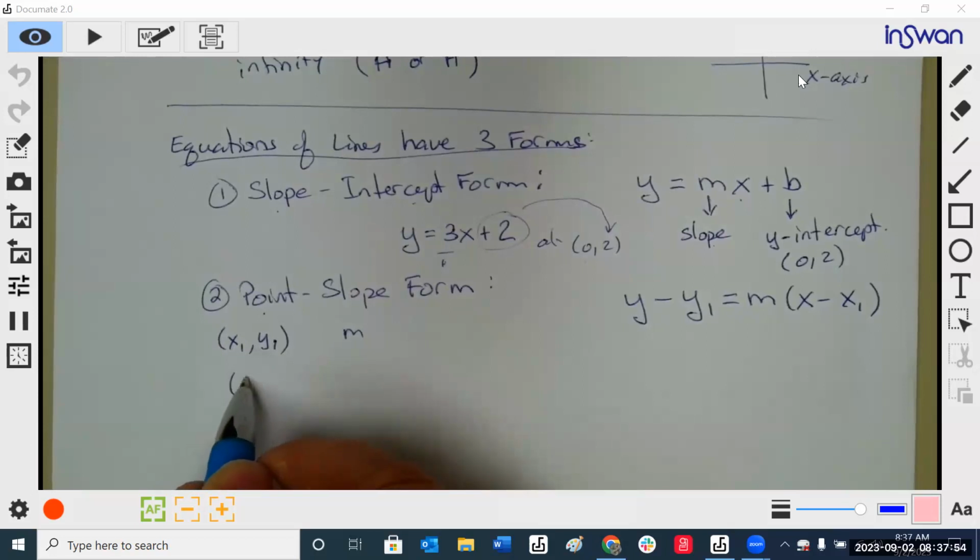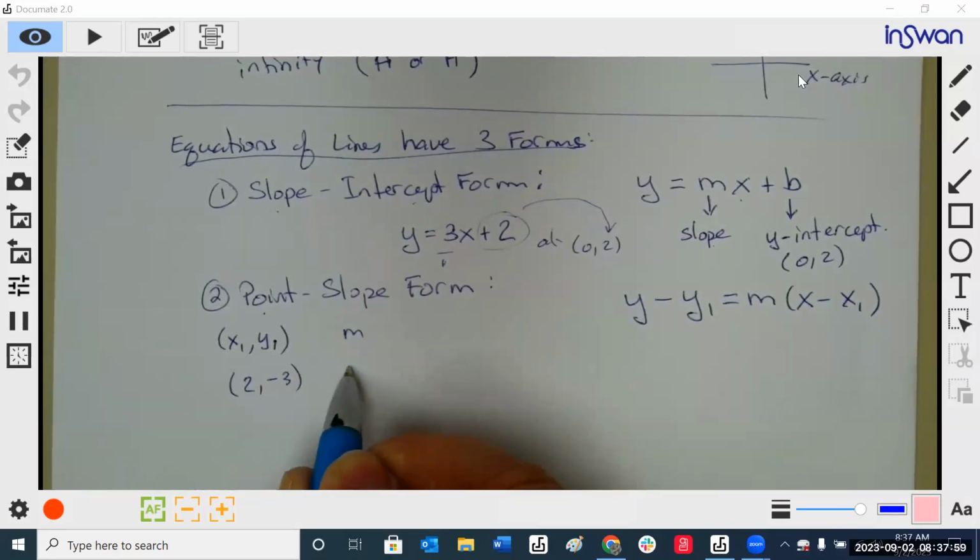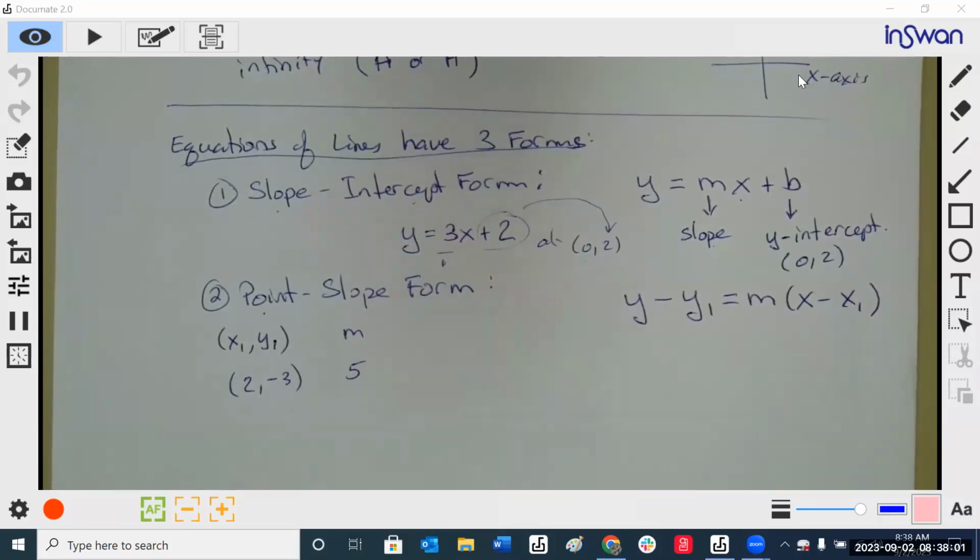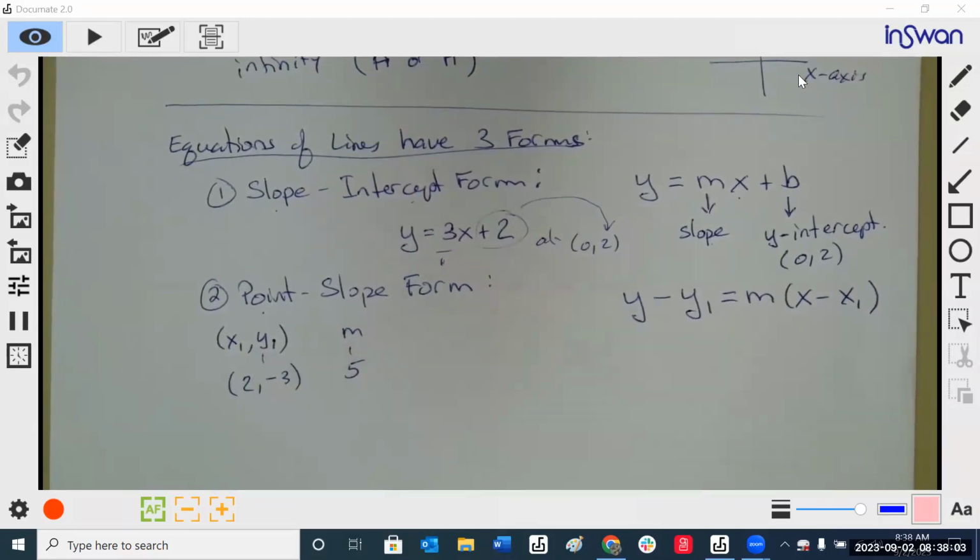Okay, what if I gave you this information? Put this information in the point slope form. What's y1?